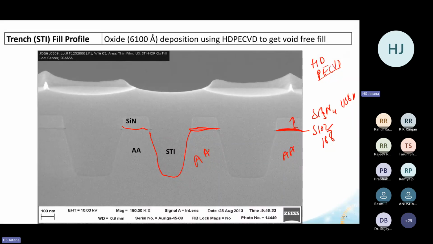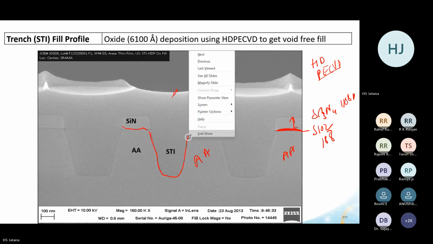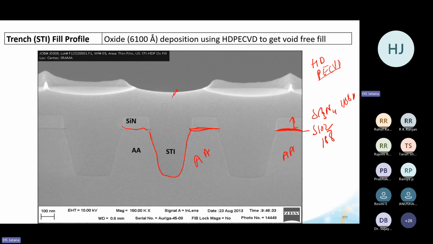So I have put this, and when you are putting it by a CVD process, you can imagine this is not deposited selectively. There is a trench here, and the material will go in the trench also. There is a hilltop here, and some material will go here also.